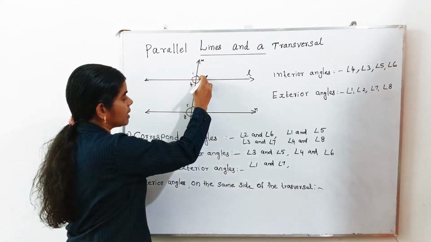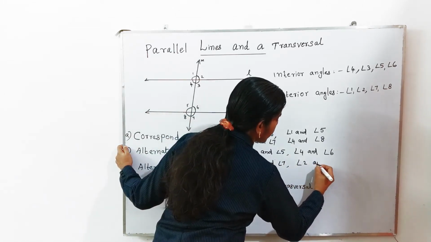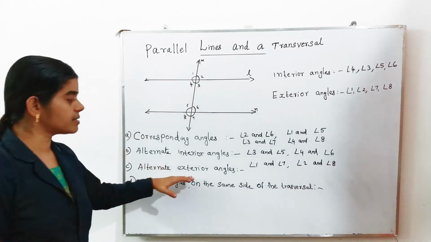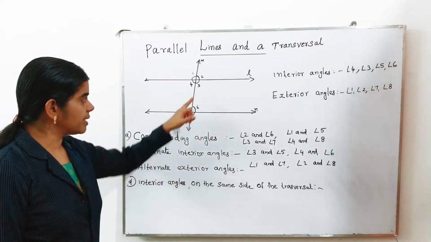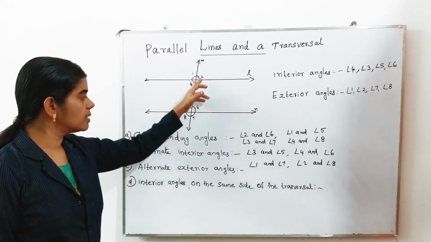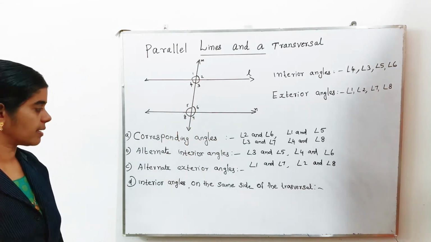Another pair will be angle 2 and angle 8. Clear? In alternate interior angles, 3 and 5, 4 and 6 are the pairs. 2 and 8, 1 and 7 are the alternate exterior angles.